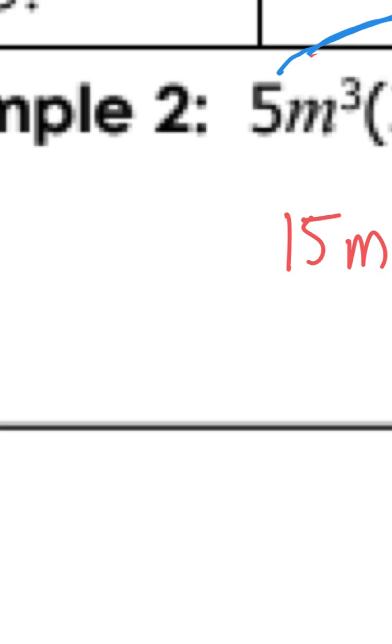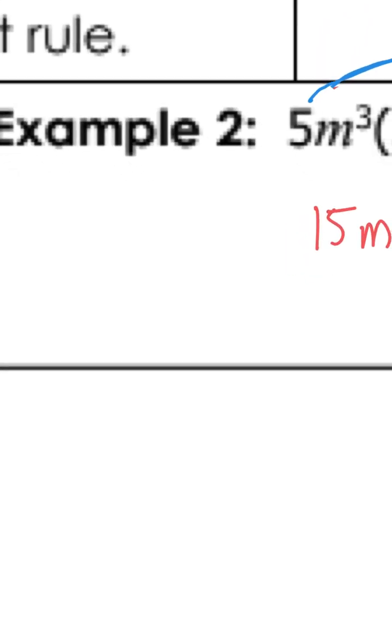So if you just see a letter, you know there's a 1 in front of it, and we also know there's a 1 as the exponent. So let's put in that 1. So it'd be 5 m to the power of what? 4. Yes, 4. Okay, so we did that part.